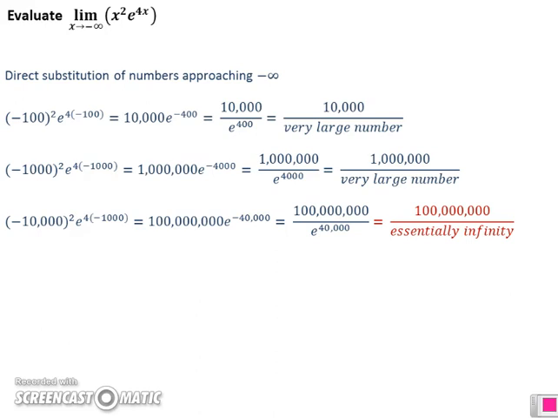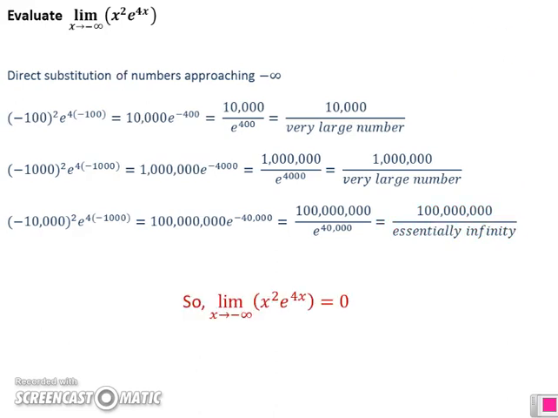It's essentially infinity on the bottom. That number on the bottom is huge. So even though 100 million is a big number to us, in terms of infinity, it's still really small. So this is really zero, because you have a smaller number divided by a large, gigantic number.